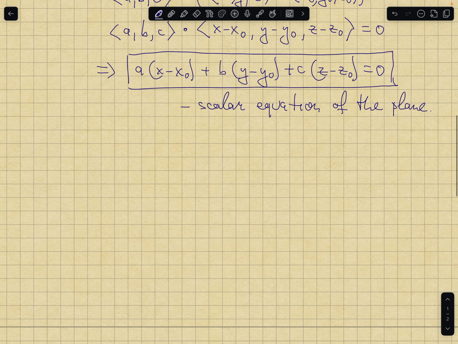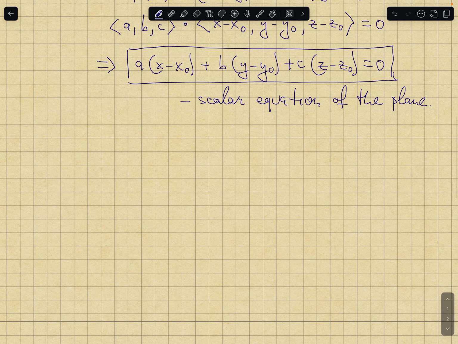Okay, so now notice that here I can distribute A between x minus x0, B between y and y0, etc.